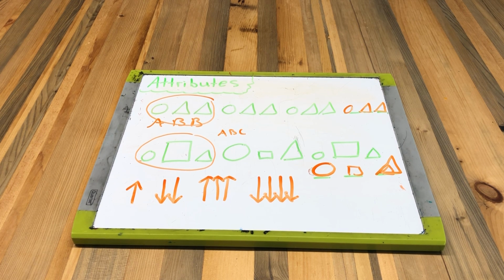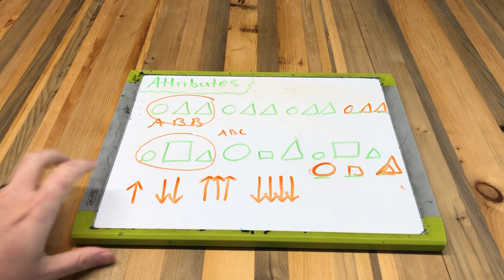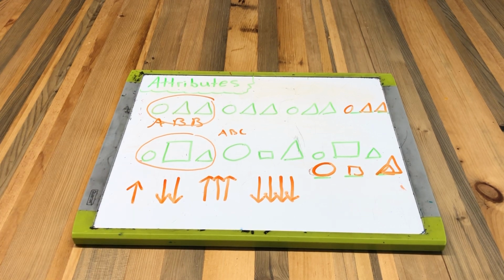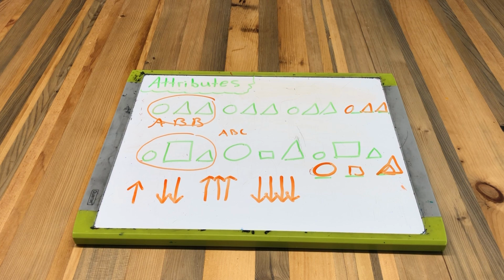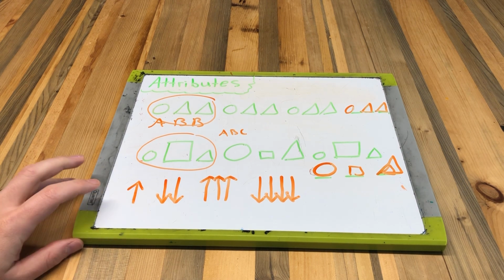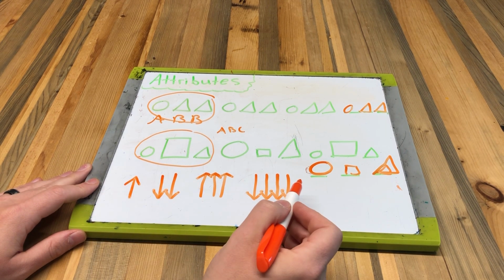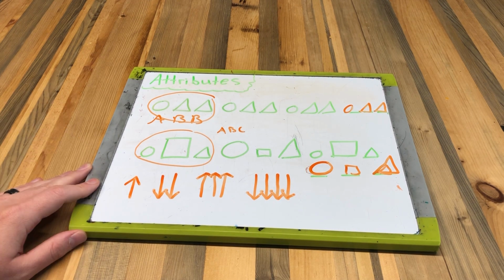We can also, and we're going to be doing a lot of this kind of pattern, there are growing patterns, which means something's happening each time. So there might be a repeating part, but then there's also a growing part. So let's look at this. I have arrows here. There are two things happening.